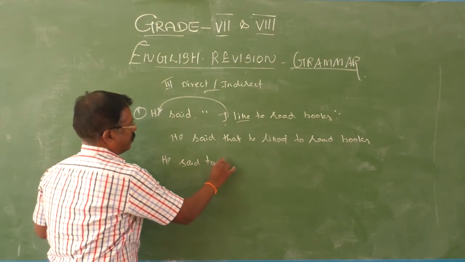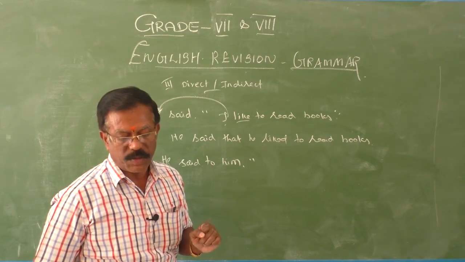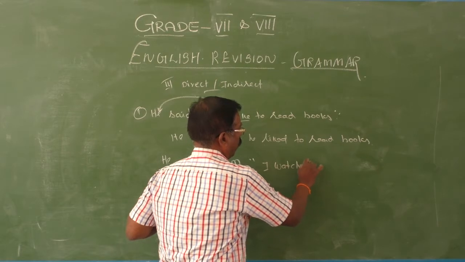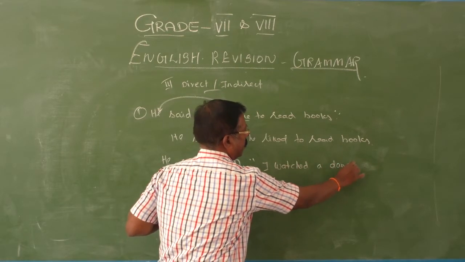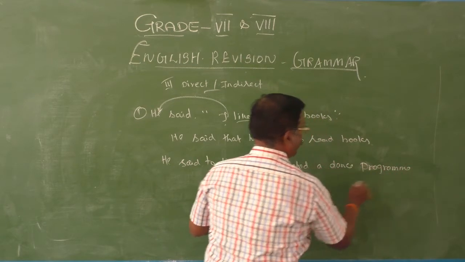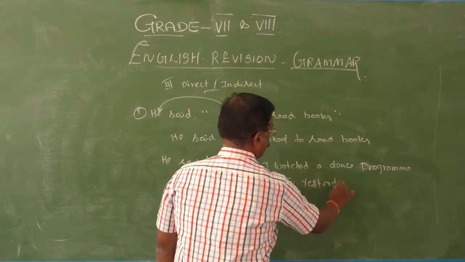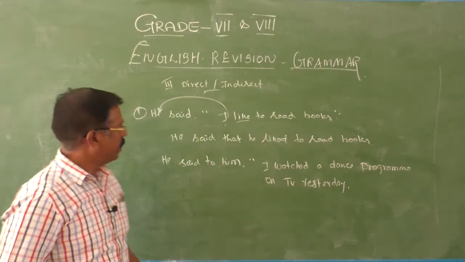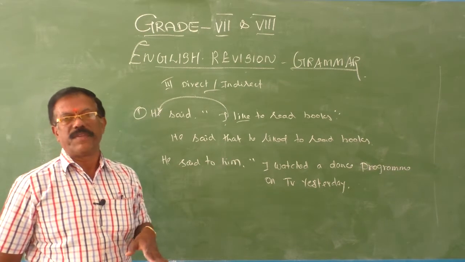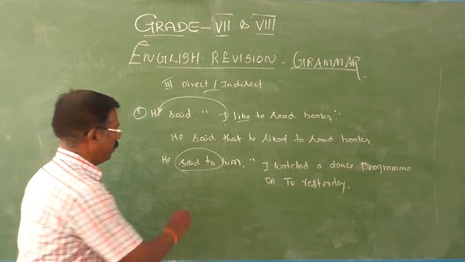Next, he said to him, I watched a dance program on TV yesterday. Okay, see the sentence. This is also a statement, but here he said something to someone, him. So the reporting verb is said to. That should be changed into told.